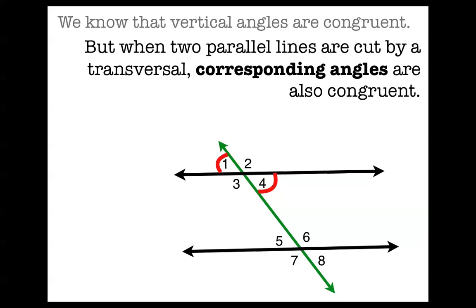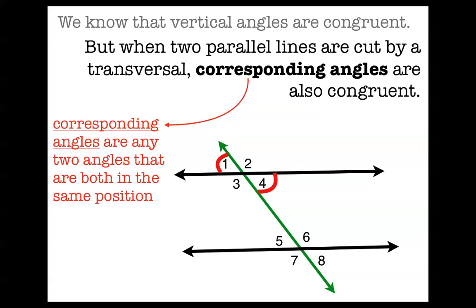I'm going to tell you what I mean by corresponding angles in just a second, but look and see that angles 1, 2, 3, and 4 are in one little angle cluster, and angles 5, 6, 7, and 8 are in another. And if those two black lines are parallel, wouldn't the green line hit the first black line at the same angle that it hits the second black line?